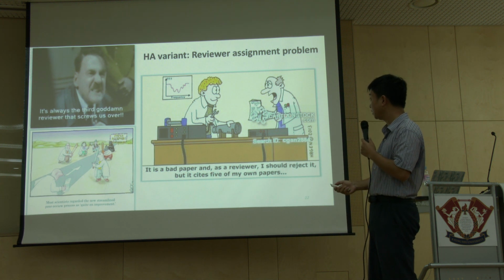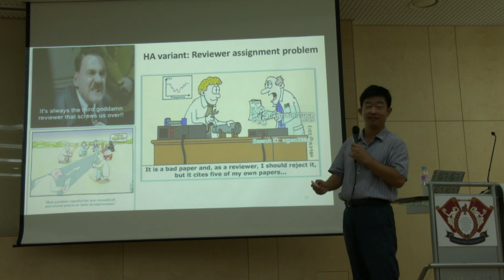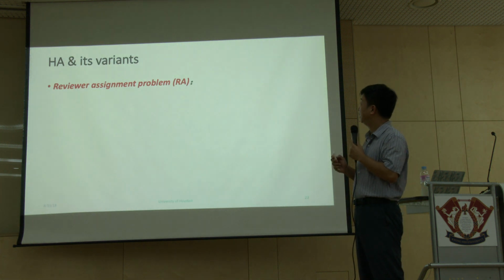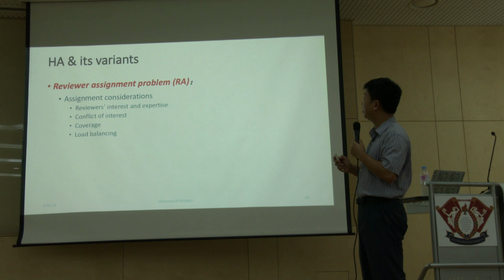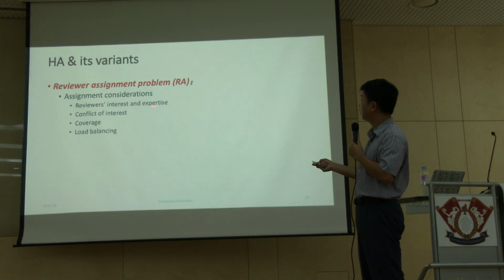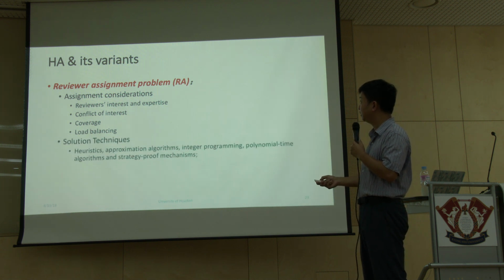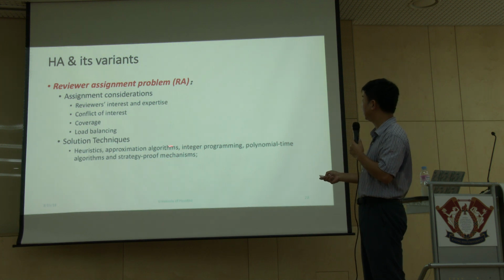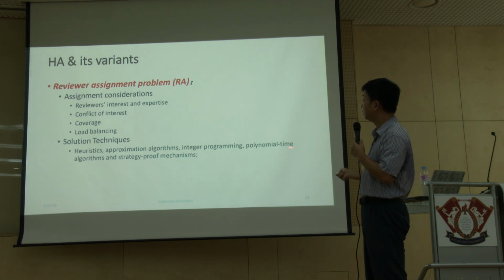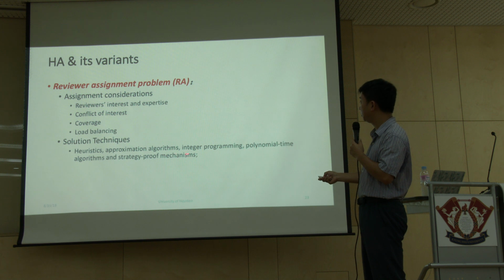Anyway, this is the reviewer assignment problem. The reviewer interest and expertise, they have the conflict of interest, and also they have load balance and coverage constraints. And the solution techniques are different: heuristics, approximation algorithms, integer programming, whatever.